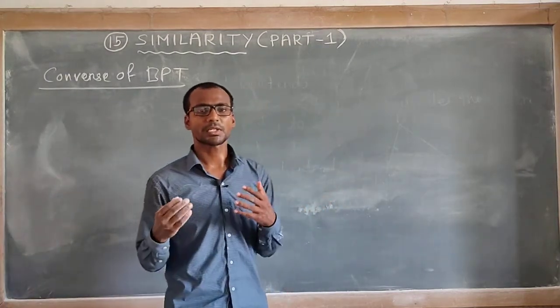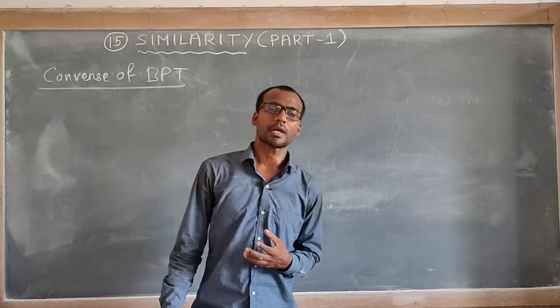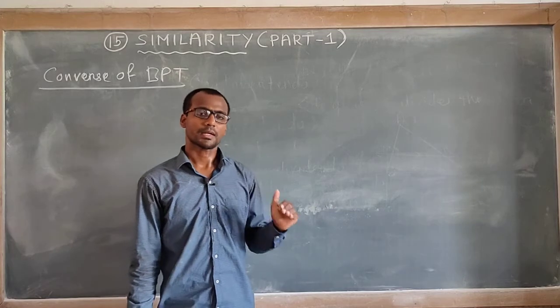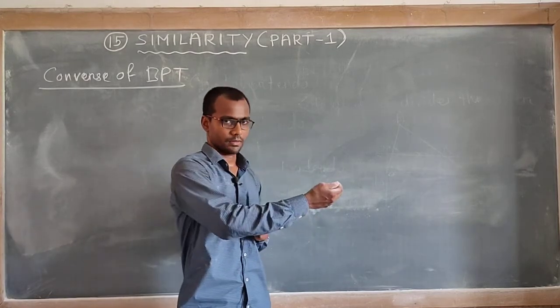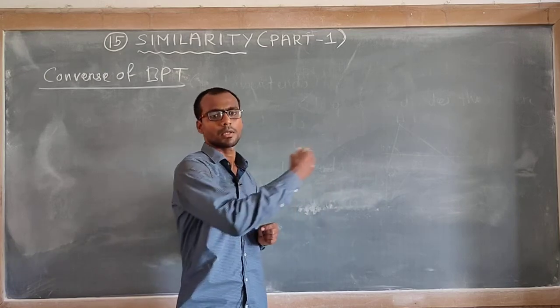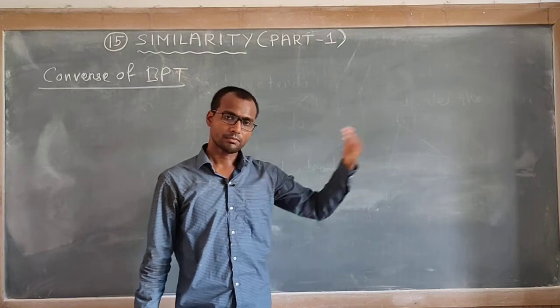BPT stated that if a line is drawn parallel, then it will divide proportionally. Parallel then proportional. So what will be its converse? Proportional then parallel.